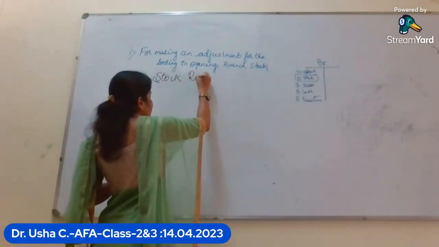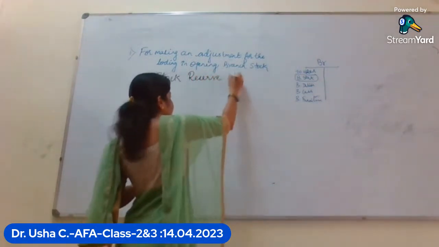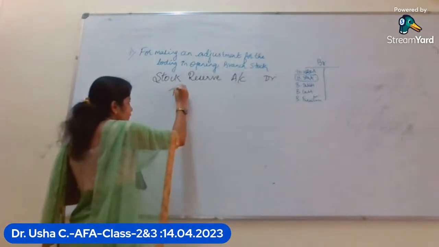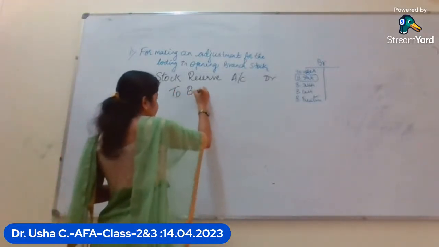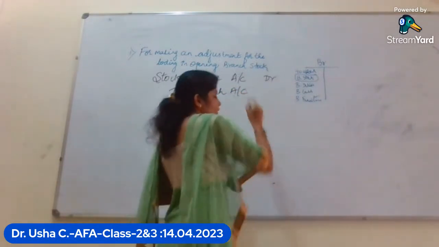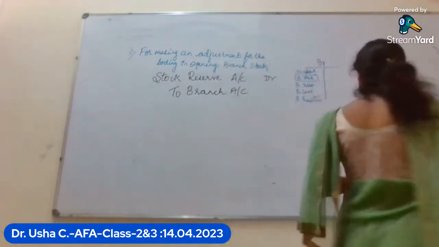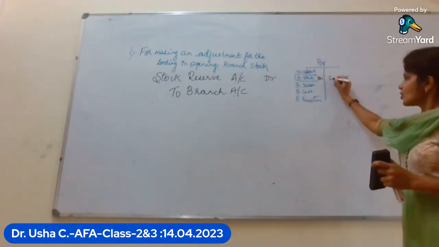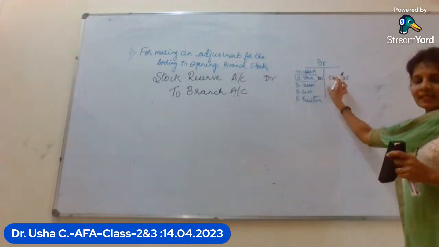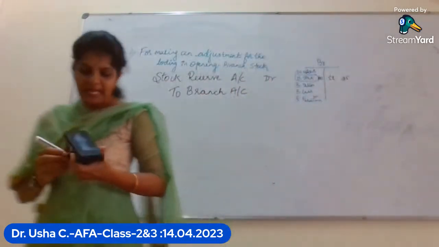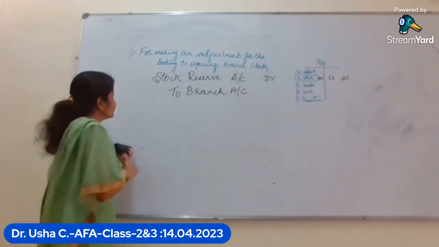Stock reserve account debit to branch account. If there is 100 rupees of stock and 25 rupees of stock reserve, it is as good as accounted for 75 rupees. Understood?